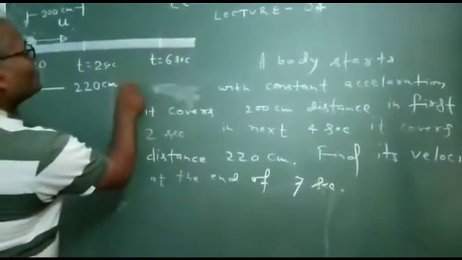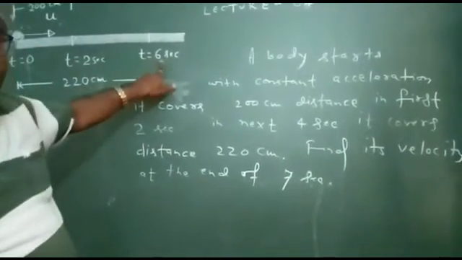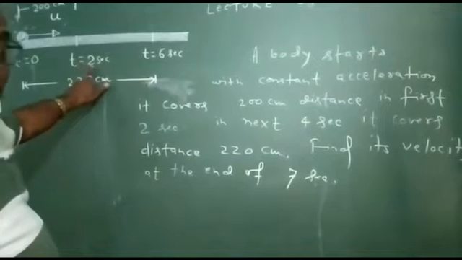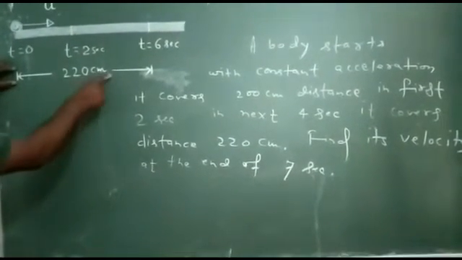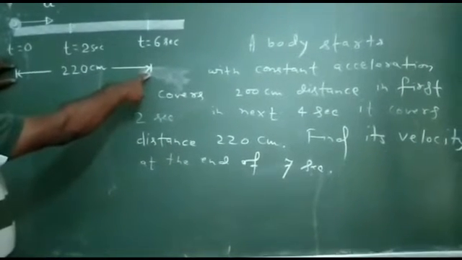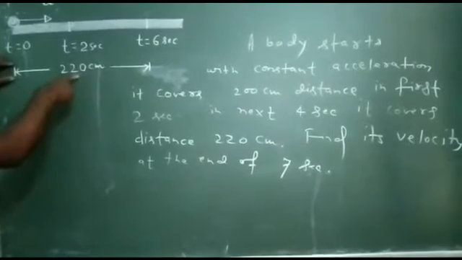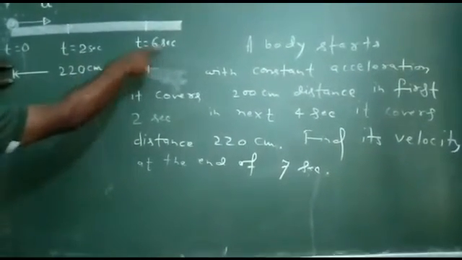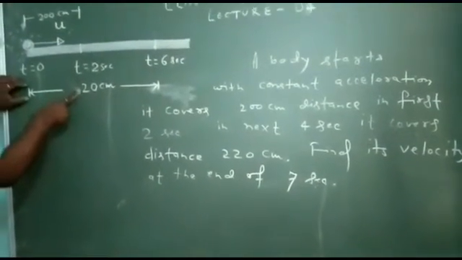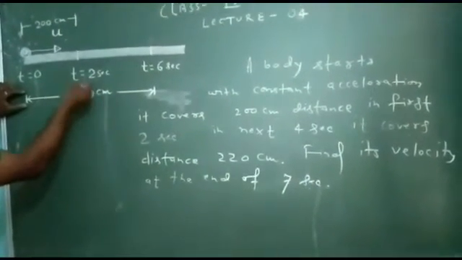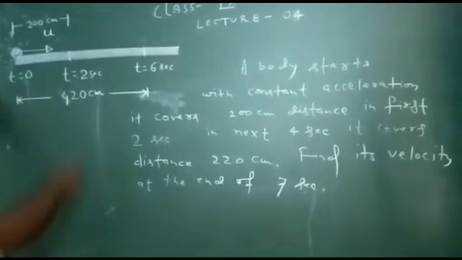If you take 220 at 6 seconds, it will be wrong, because time is 6 seconds and so 200 must be added, so it will be 220 plus 200, that is 420 centimeter.